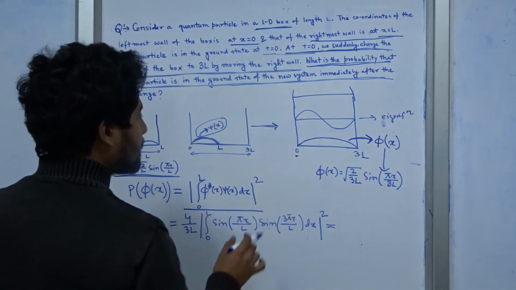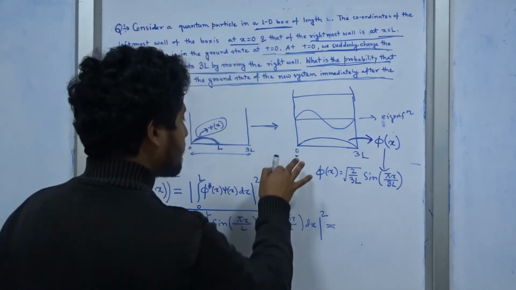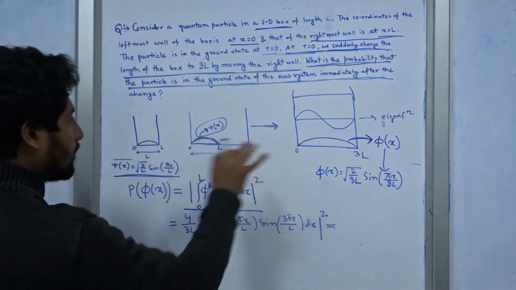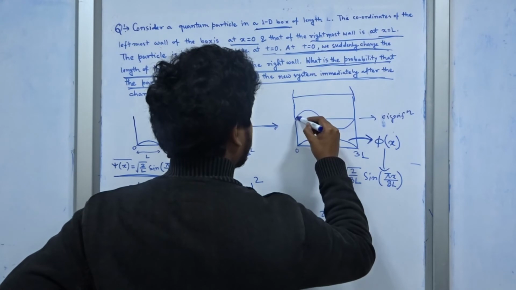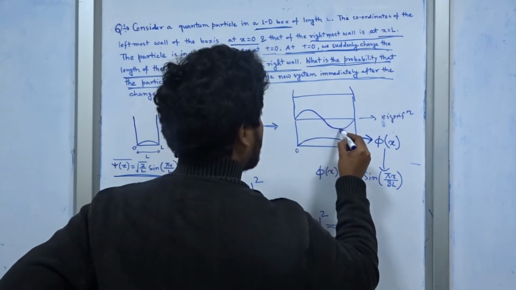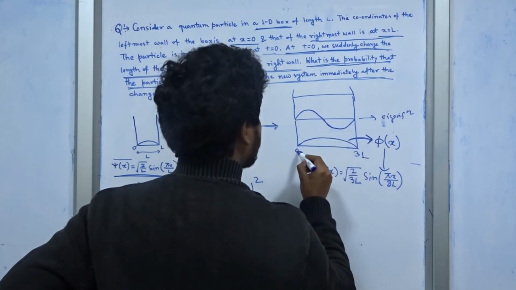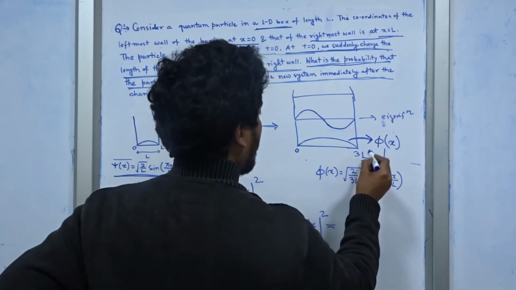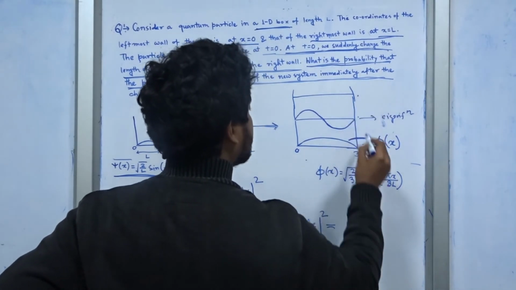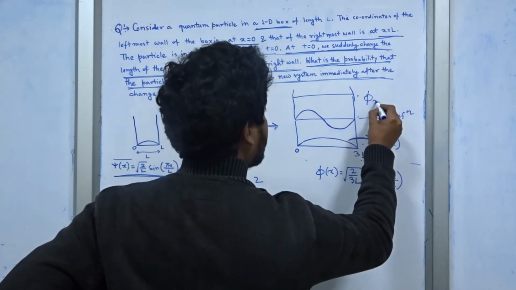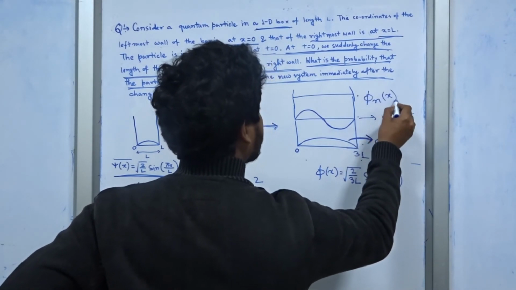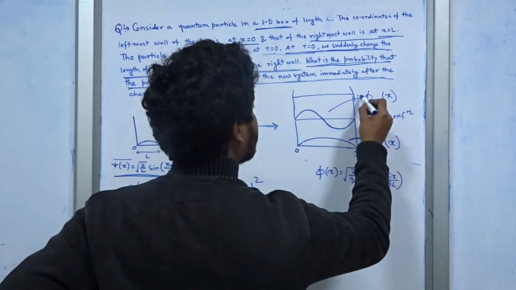So one thing that I missed to explain in this solution: this is my new system of 0 to 3L, and the eigenfunctions of 0 to 3L are supposed to be given by phi n of x. These are the eigenfunctions of this system.